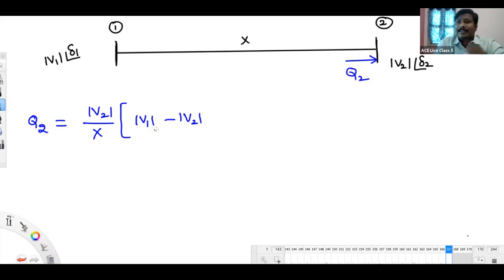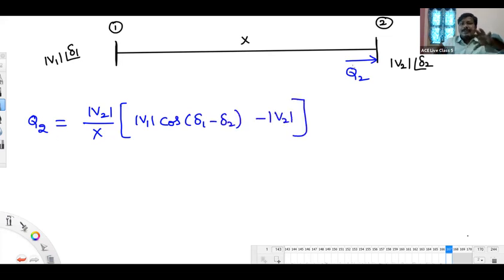V1 you replace with V1 into cosine of angle gap. And V2 you keep as it is. This is the Q2 equation outright. This is a way of writing the Q2 equation without by-hearting the equation.